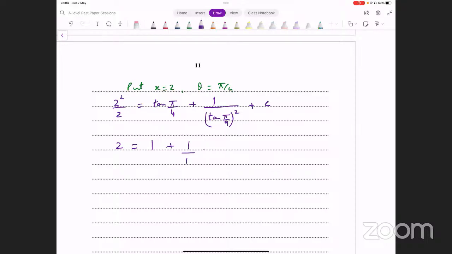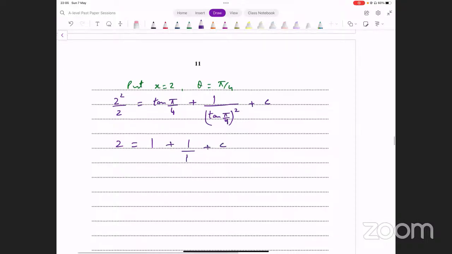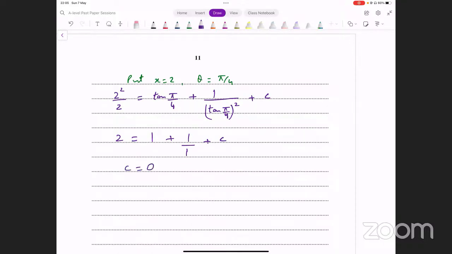We have 1 plus 1 over 1 plus c. Okay, and that gives you c equals 0. Interestingly, so the value of c turns out to be 0.